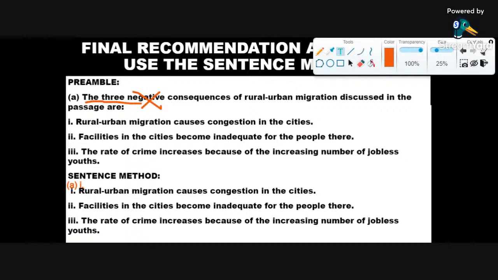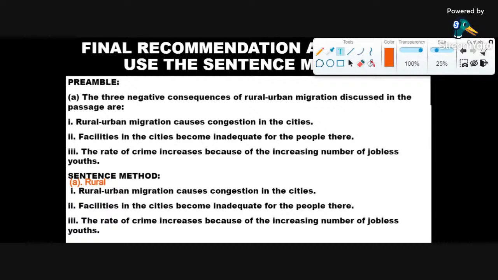Or if you decide to eliminate this numbering system, all you need to do is to simply write A, and then you can present your answers as follows.